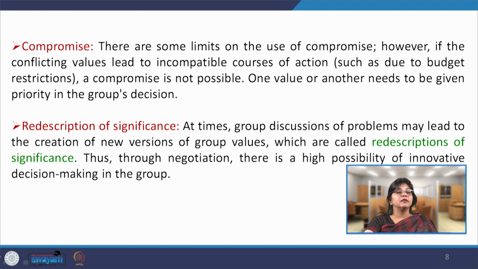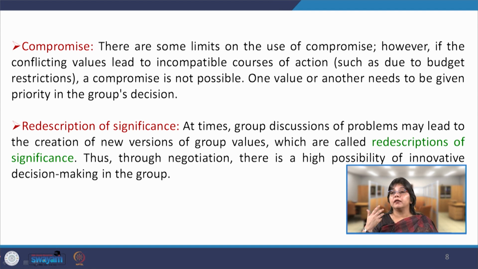When there is conflict and people experience a lot of problems in their discussions, then people come up with a new version of solutions to the problem based on the group value itself. Lot of conflict is there, lot of discussions are going on, but when discussions go on for long, it is found that sometimes members come up with some new version of group values.